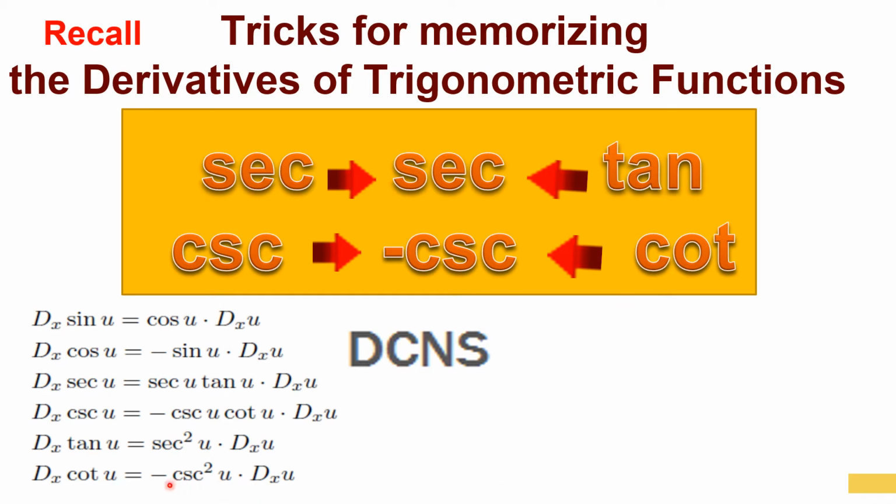And the derivative of cotangent is negative cosecant squared. So the box that we made use of earlier, we're again going to make use of in memorizing the integrals of trigonometric functions.